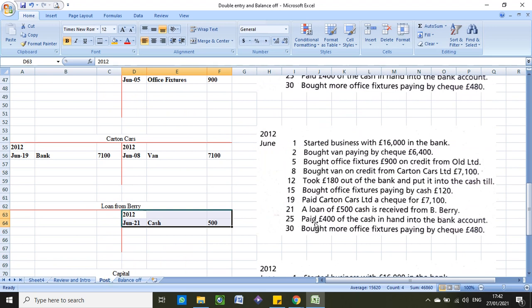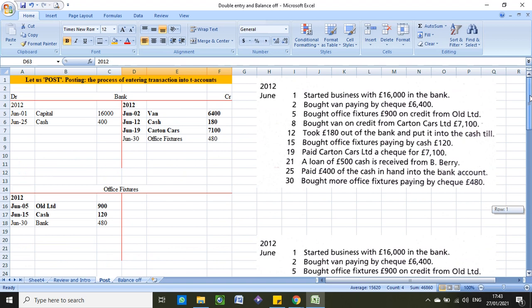June 25th, paid $400 of the cash in hand into the bank account. So the transaction that you see here is the opposite of what happened on June 12th. Now we are taking some of the cash, the physical cash that we have, and we're taking it to the bank. Let's start with the bank. If we are taking money to the bank account, that means that the bank will increase.